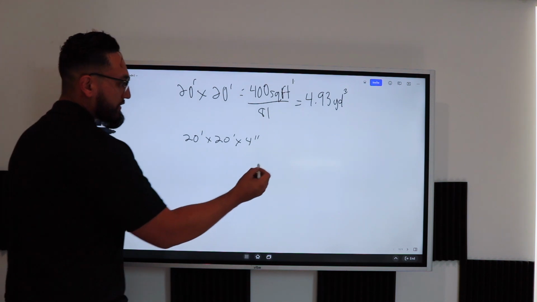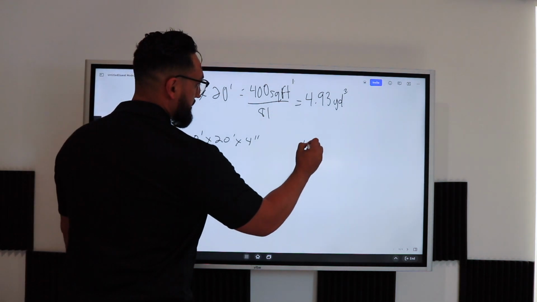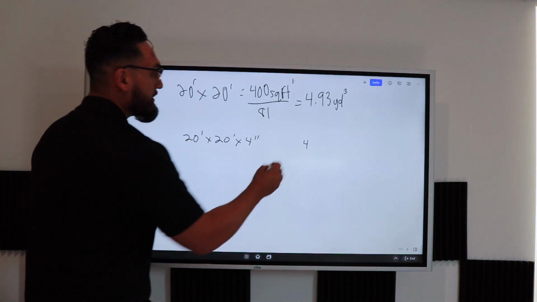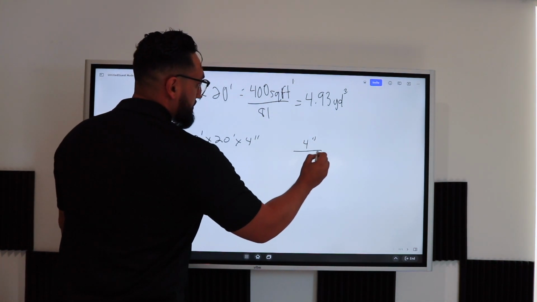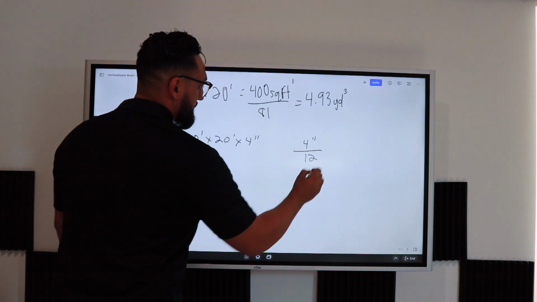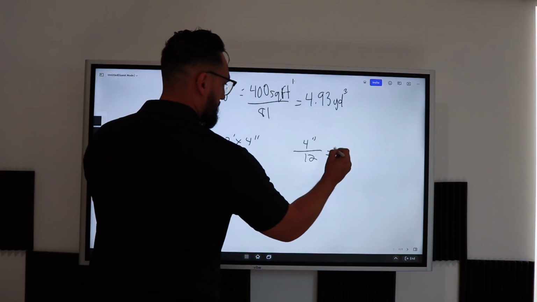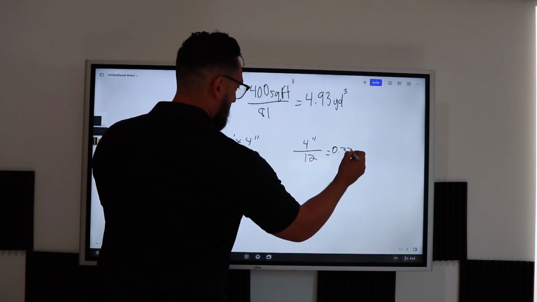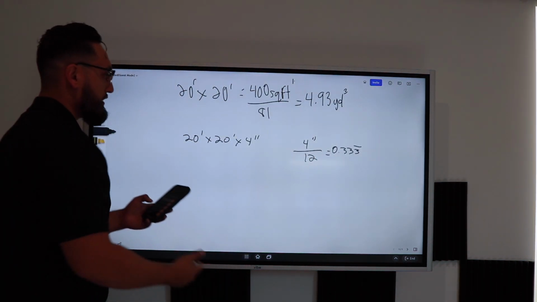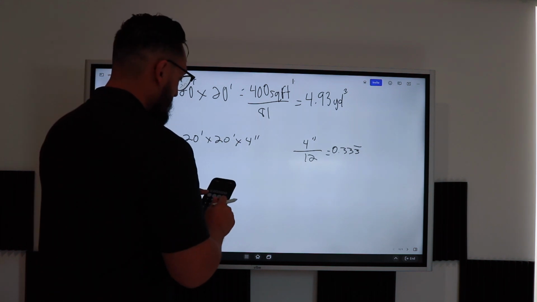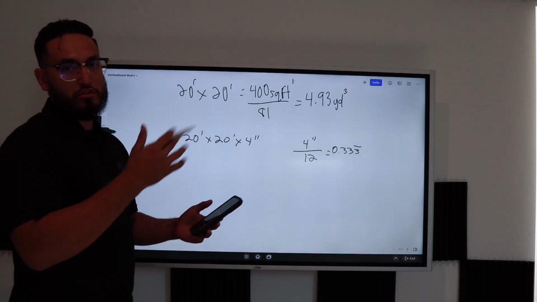So how do you do that? You do 4 inches divided by 12. And that'll give you 0.333 repeating feet, right? So when you're typing in your calculations, you just gotta put 0.333.